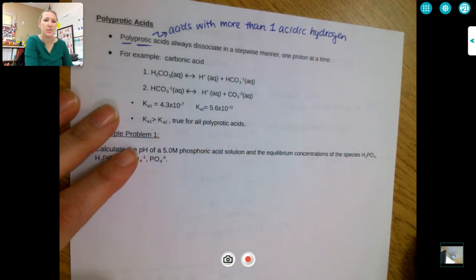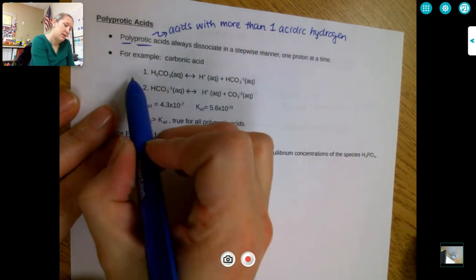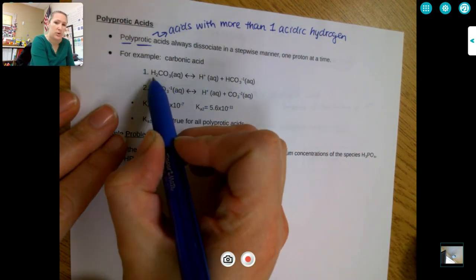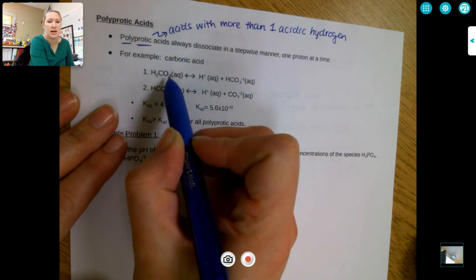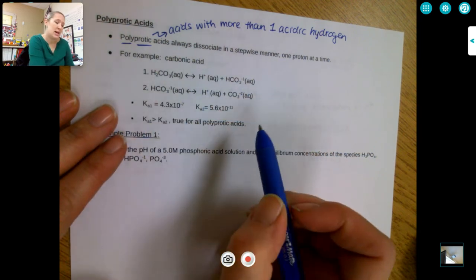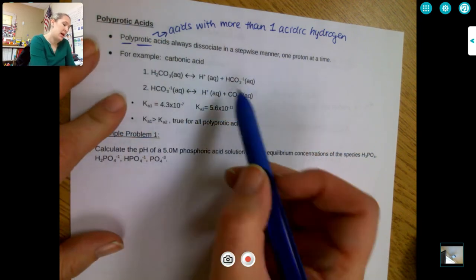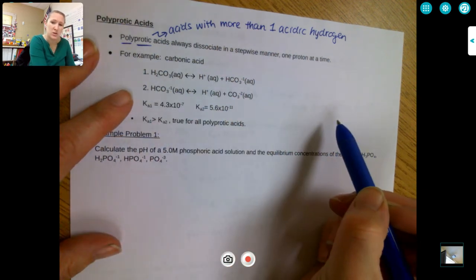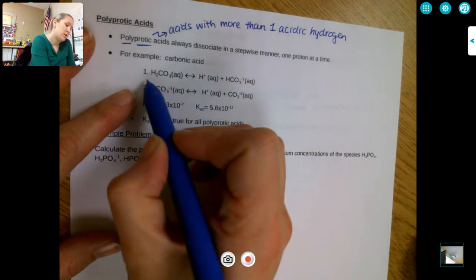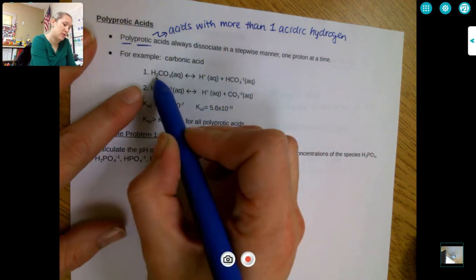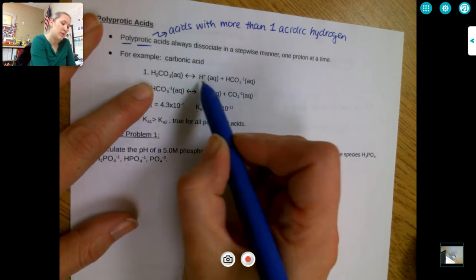Something like carbonic acid. Carbonic acid is H2CO3, so 2 hydrogens on our carbonate. As this dissolves in solution or dissociates, first one acidic hydrogen pops off into solution.